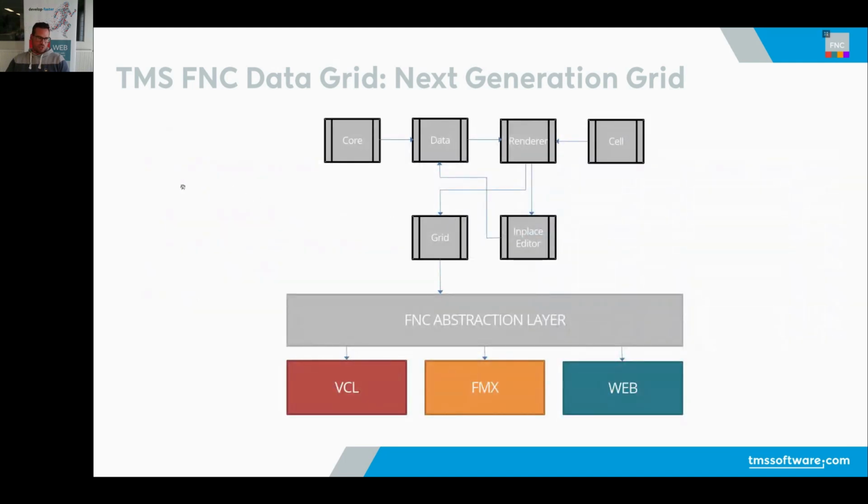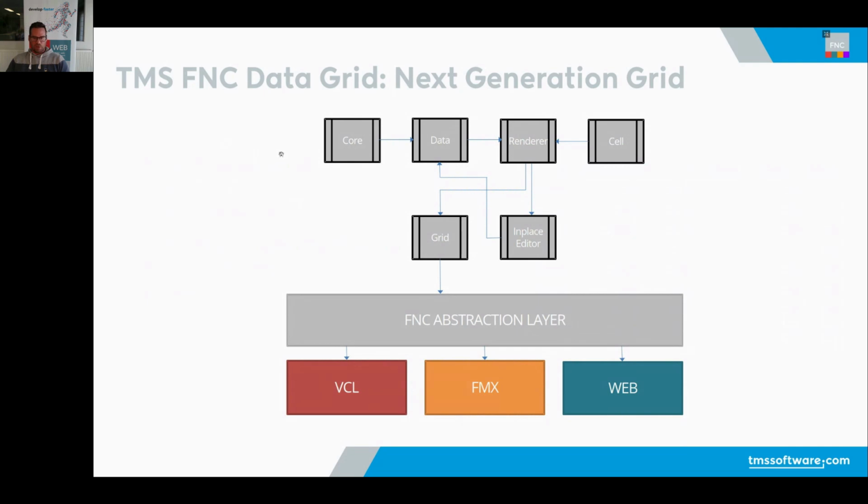Okay. So a little bit about the structure. As I mentioned, the data grid is redesigned from scratch. We have put a lot of thought and effort into it. Important to know is that we actually separated the data layer, the visual layer, and the core layer of the grid into abstract classes.